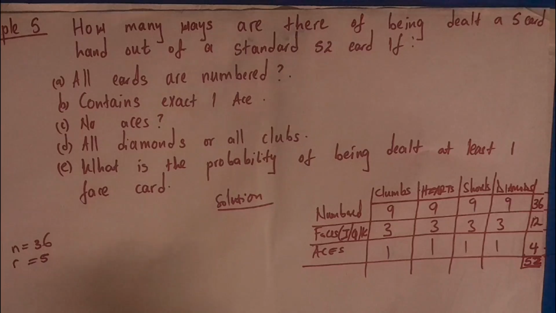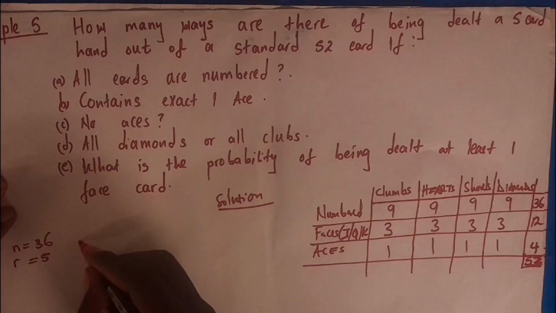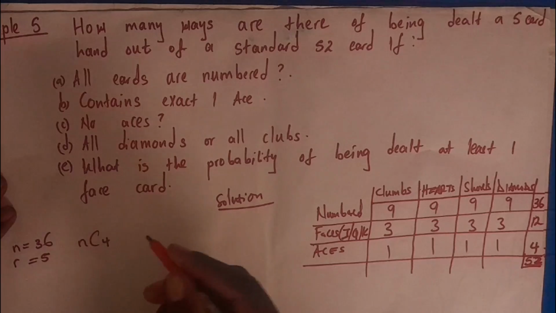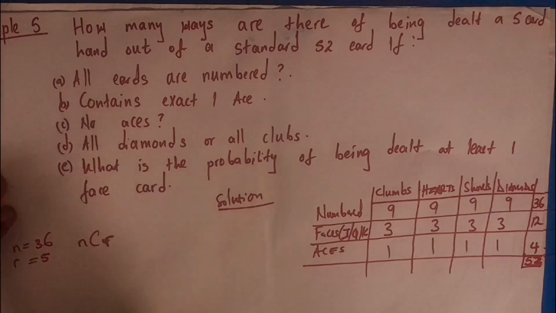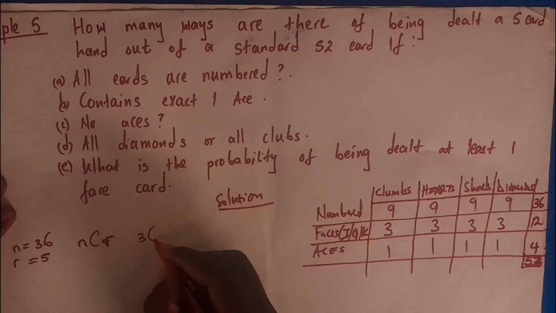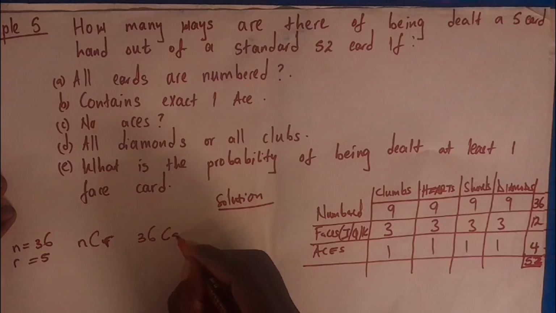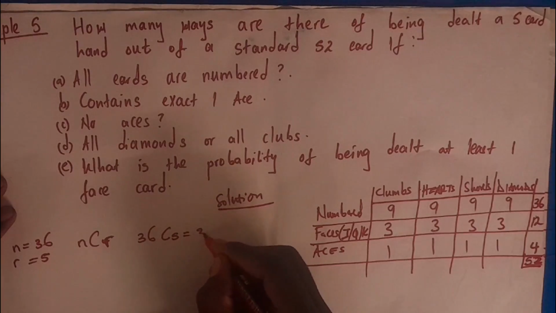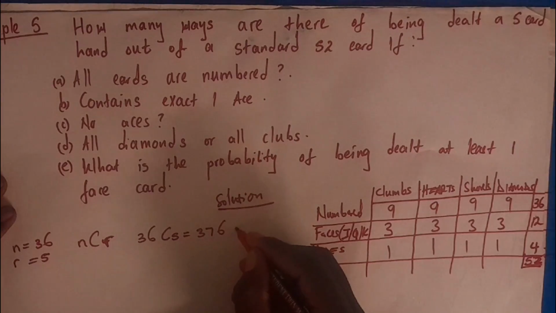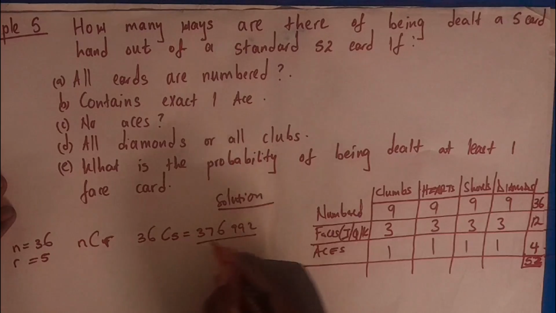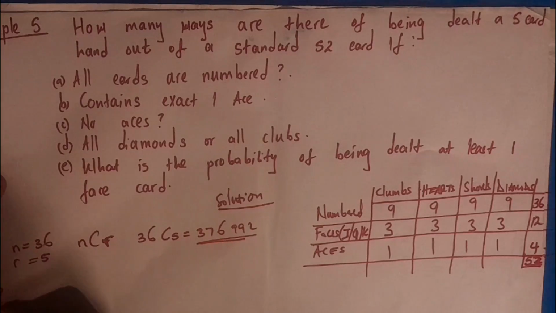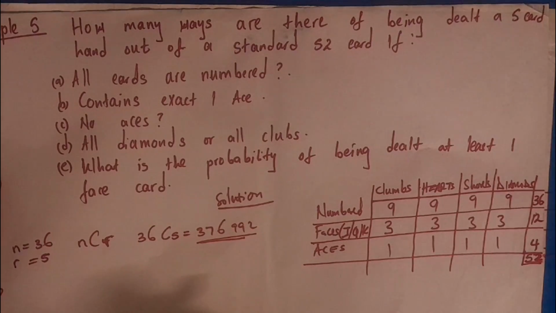So we're going to choose those 5 cards from the 36 cards. So on the formula N choose R, which is going to be 36 choose 5, which equals 376,992.